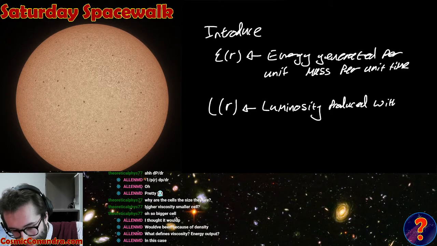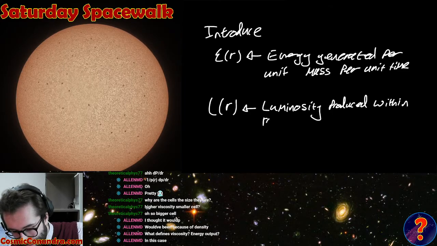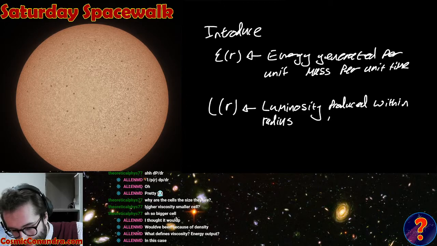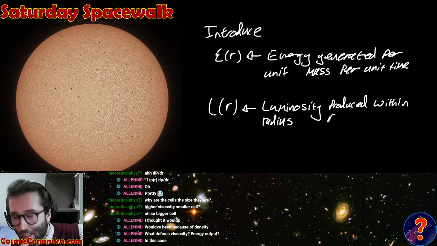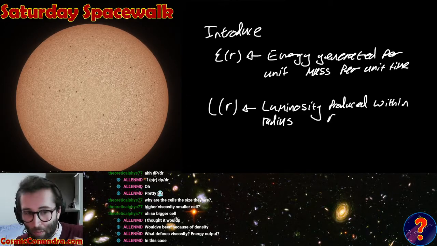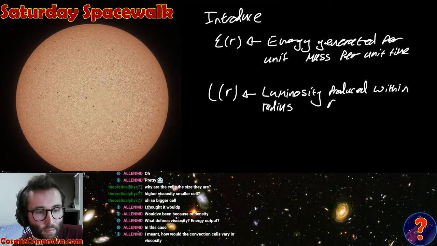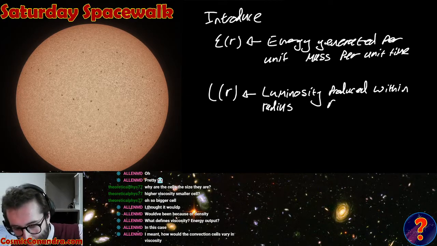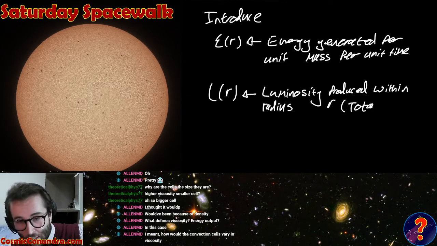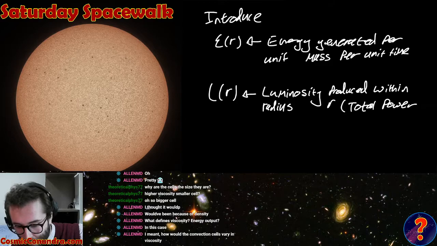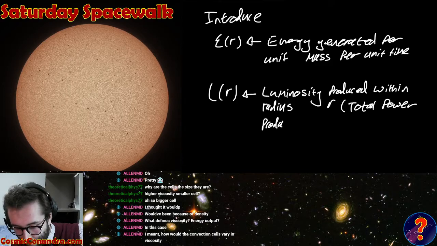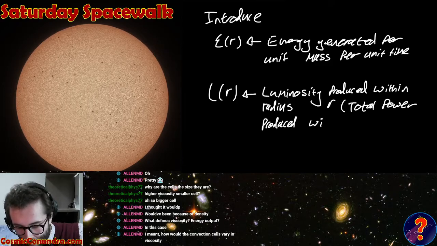Because luminosity is just the total power output across the entire area, we can also call this the total power produced within the radius r.